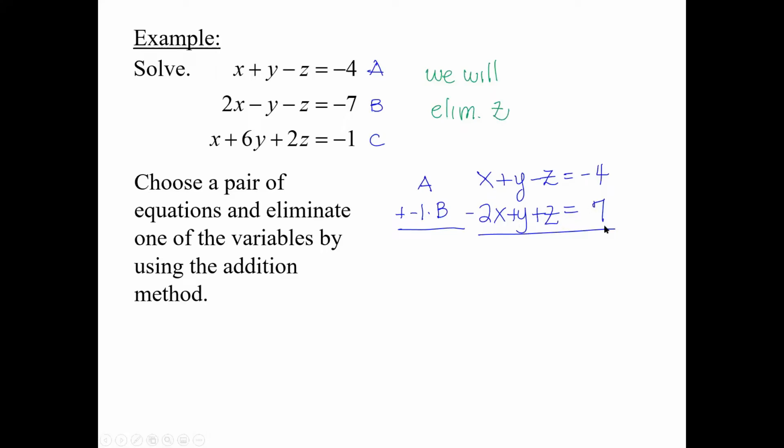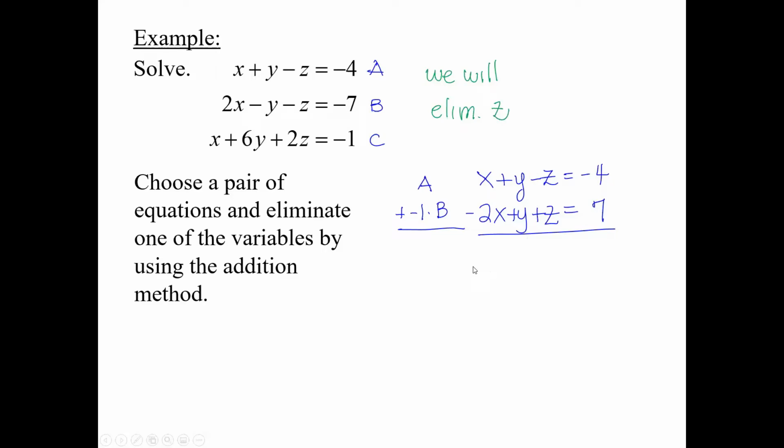I would do that as a separate step, but if you want to do it this way, that's just fine. So in this case, we multiplied equation 2 by -1, giving us -2x plus y plus z equals +7. Now our z's cancel.